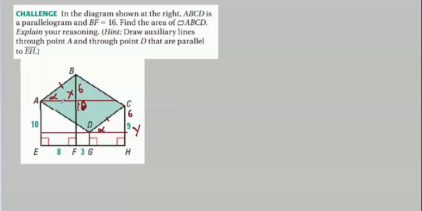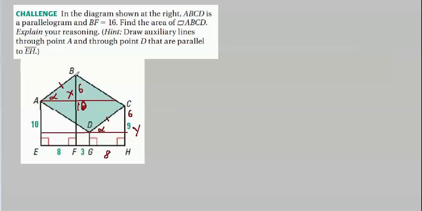So this is 8. Well, if this is 8, then this is 8. Once again, this right here, DYHG, forms another rectangle. Opposite sides are congruent. If this here, DY, is 8, then this must be 8.